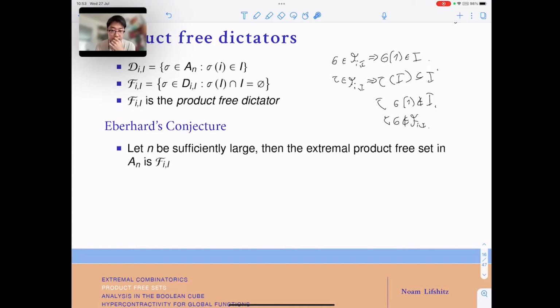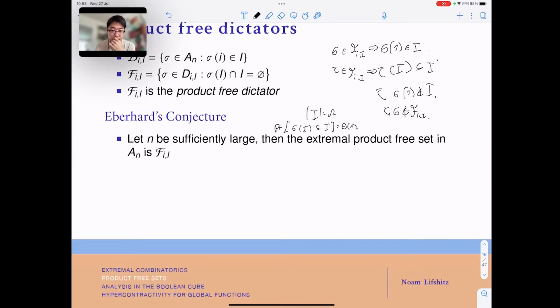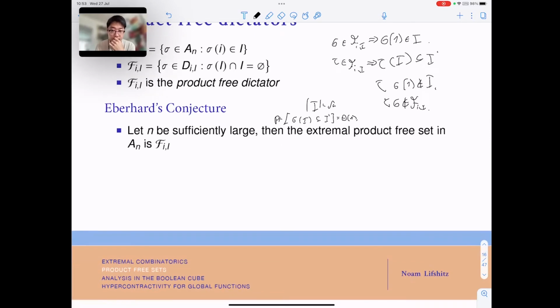It happens with constant probability when I is of size root n. So the probability that sigma I is contained in I bar, the complement of I, is a constant. So this is a set contained in a dictator, and you can sort of see the relation to the Erdős-Ko-Rado theorem.